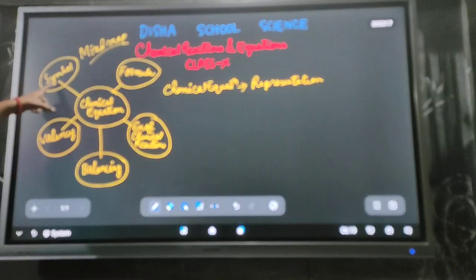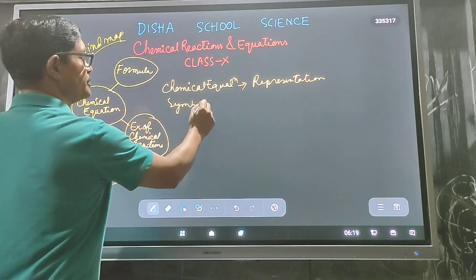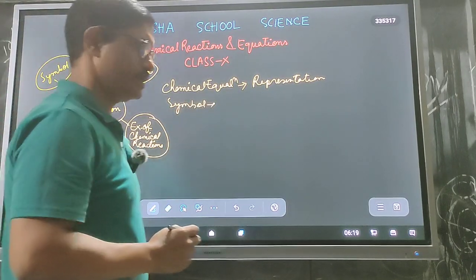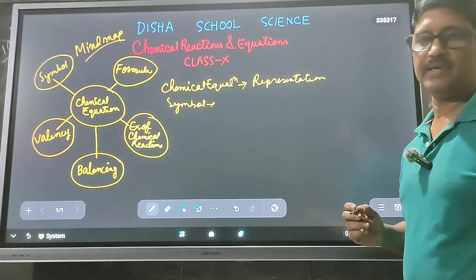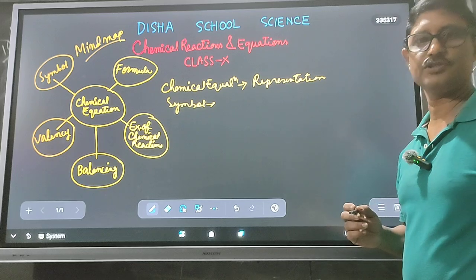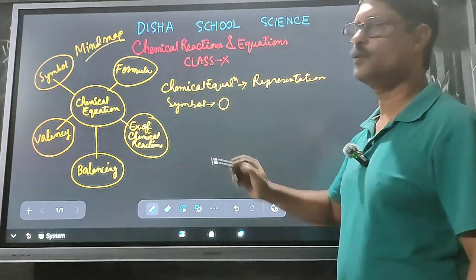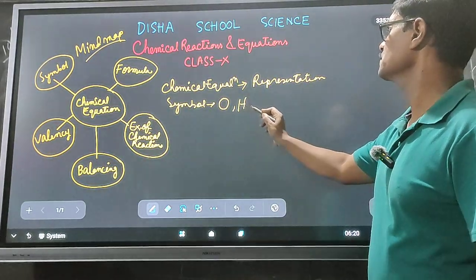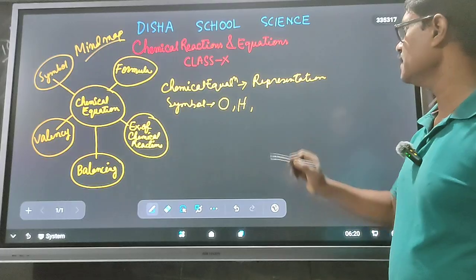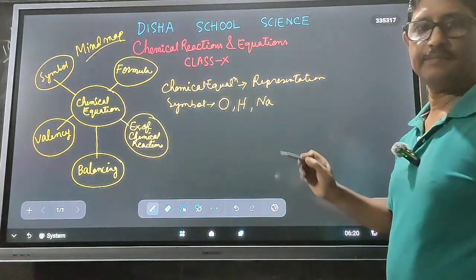At first, coming symbol. So symbol is a short representation of element to save time and space. For example, oxygen symbol will be O, hydrogen symbol will be H, sodium symbol will be Na, this natrium.